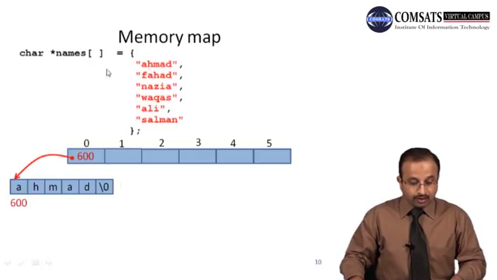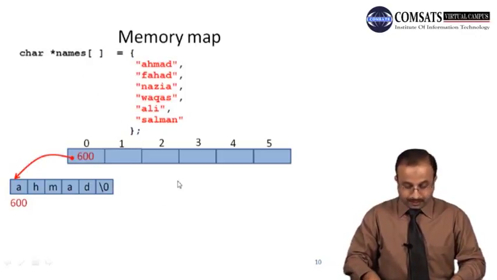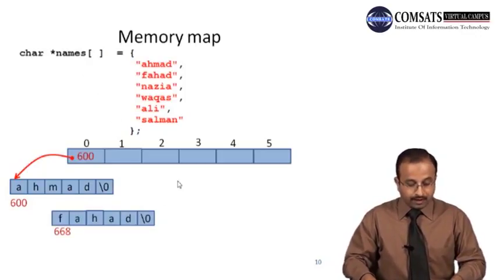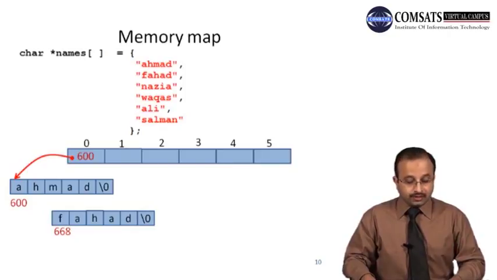All this memory is allocated after the successful execution of this declaration and initialization of the array of pointer to string, the code written above. Then memory is allocated for Fahad, and the base address of where Fahad is written will be assigned to the 1st index.